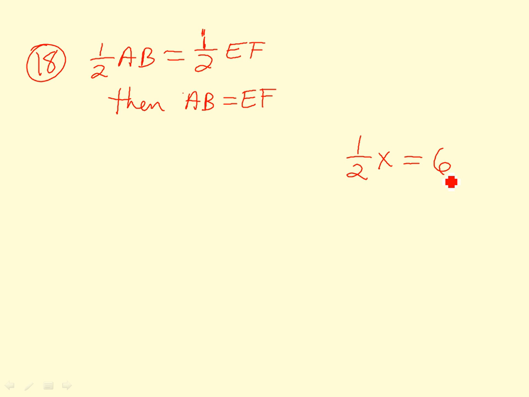So if you wrote division property of equality, I'd probably accept that. But here, actually, probably what we're going to do is multiply by the reciprocal, or multiply both sides by 2, and those just cancel out, right? So what property did we probably use here? Multiplication property of equality.